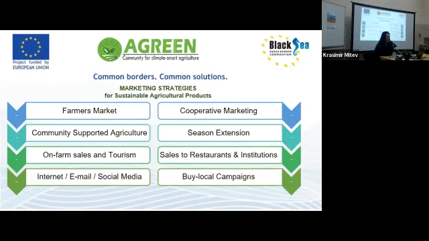Then we have community-supported agriculture, and I will explain what it is, and you should tell me if any of your countries deal with this kind of strategy. Actually, this is when a community supports a farmer and gives money upfront in order to buy the crops when they are ready.